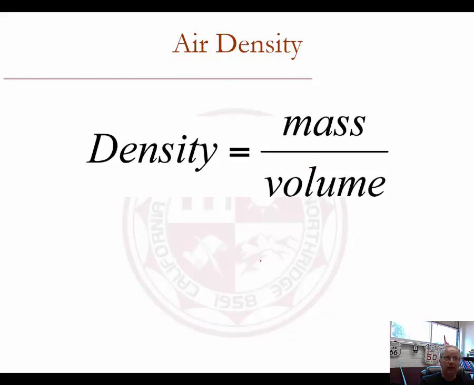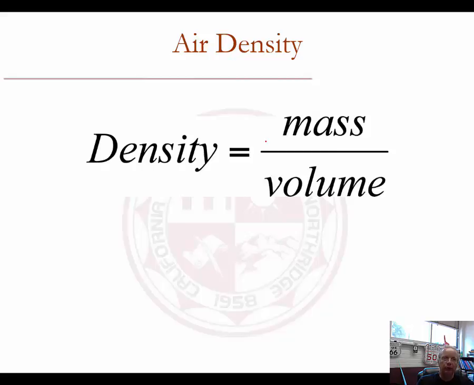Air does have density. A lot of little kids think that air weighs nothing, but it does. The easiest way to experiment with that is to weigh a basketball when it's deflated, then pump it up with air and weigh it again on a scale, and you will see that it has some mass.